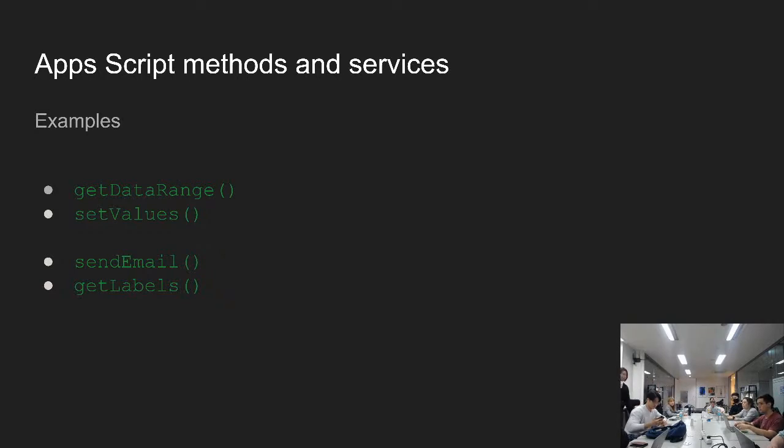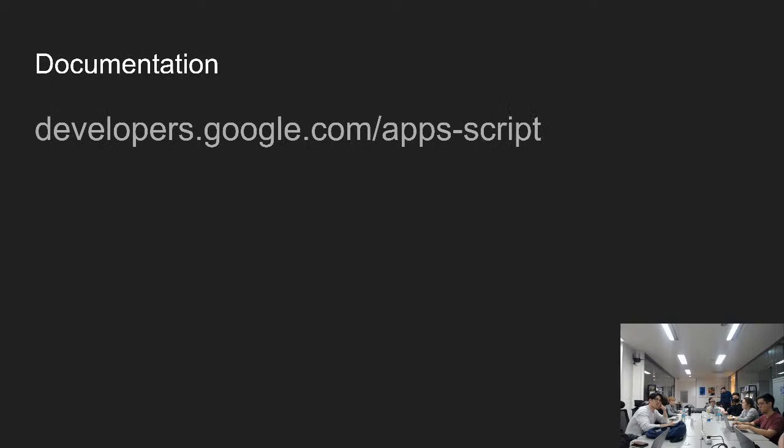You can do sendEmail commands, which will literally just send out an email, which is pretty cool. And also getLabels. So you could get every single label for every email in your inbox, or you could programmatically create and destroy labels as necessary. I use it to programmatically control my labels inside Gmail as well. The documentation is here.